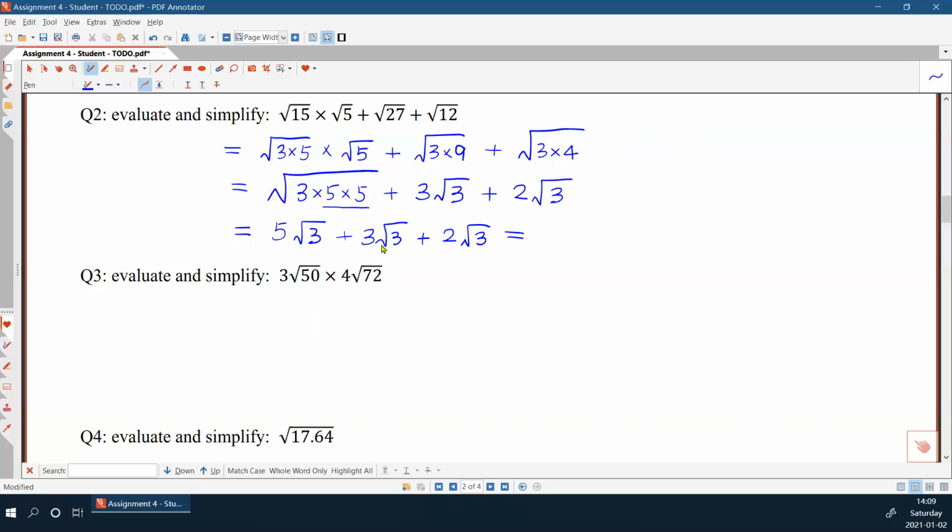So we can add these coefficients together, which gives us 10 times square root of 3. Okay. Any questions?